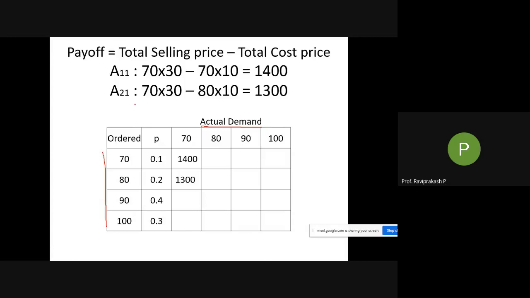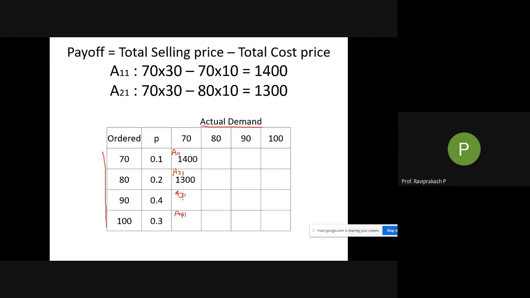For A11, I'll write only the first cell. Similarly, the cell under 80 will be A12, then A21, A31 and A41.